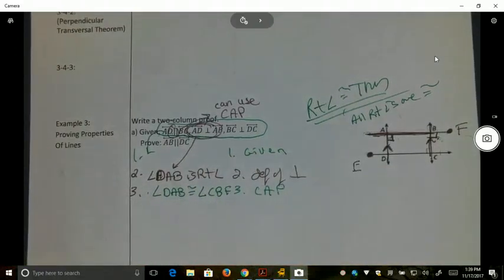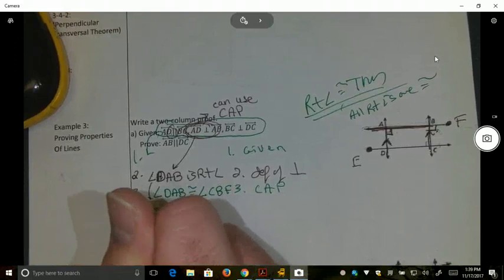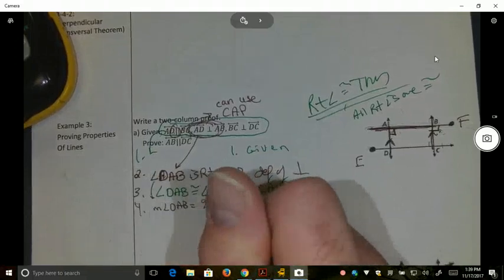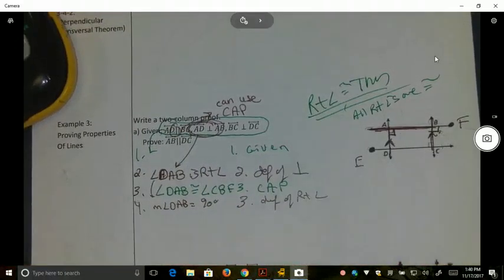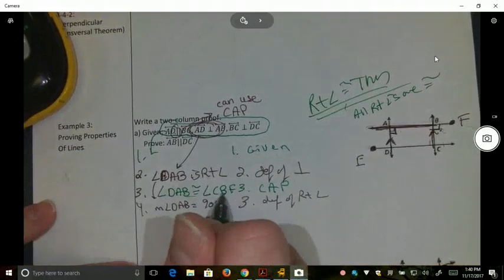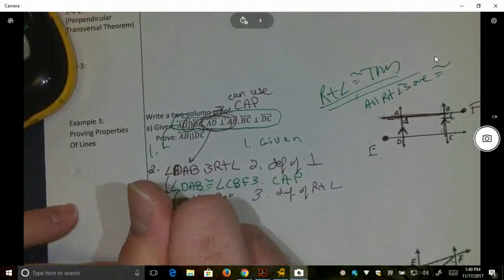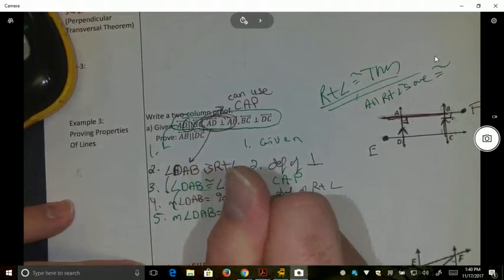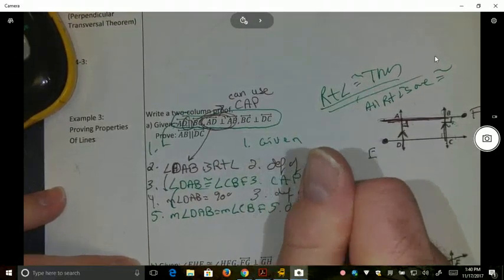I guess we probably do need equations here, but I'm just going to go. This line right here means the measure of angle DAB equals 90 degrees by definition of right angle. Well, if that's the case and these are congruent, this is a little out of order, the measure of angle DAB will have to equal the measure of angle CBF by definition of congruent.